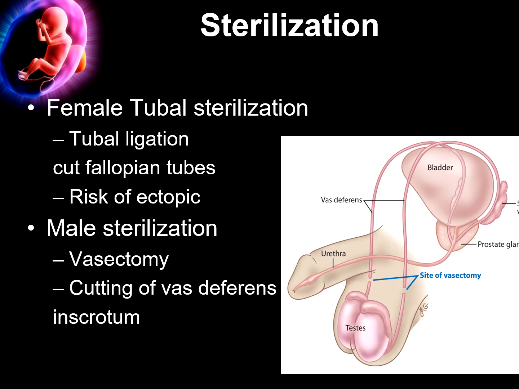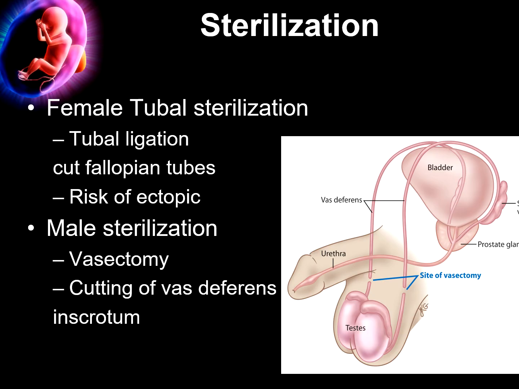The optimal time for this to occur is after a C-section or 48 hours after a vaginal birth, because at 48 hours after the vaginal birth, the uterus has moved down so that the surgeon can access the fallopian tubes.